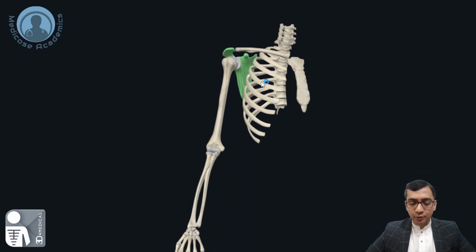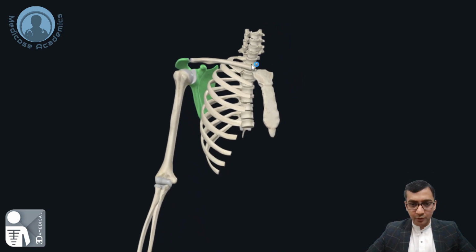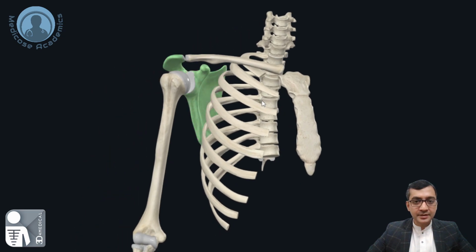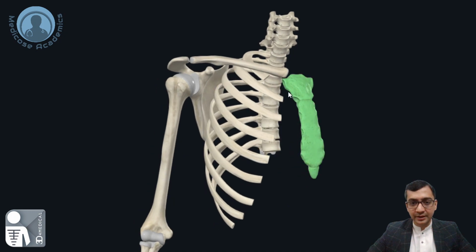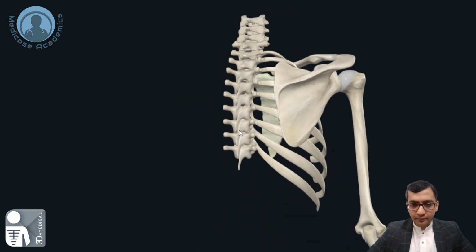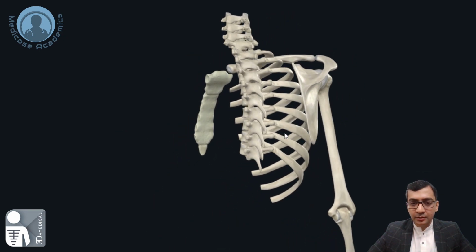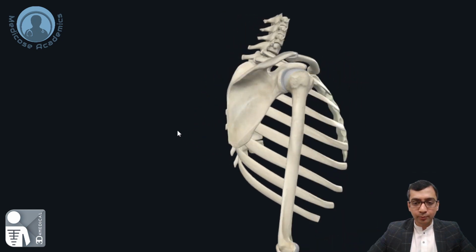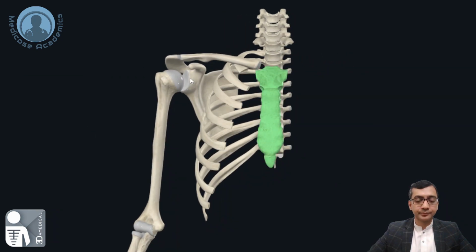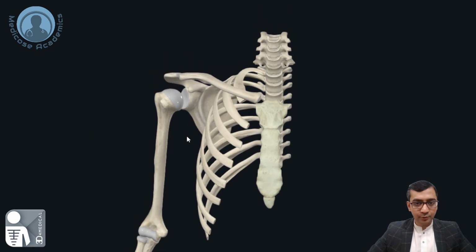It is the only bone of the upper limb of the appendicular skeleton that makes a physical joint with the axial skeleton, that is, a joint with the sternum here. As you can see, the scapula does not make a physical or bony connection with the axial skeleton.